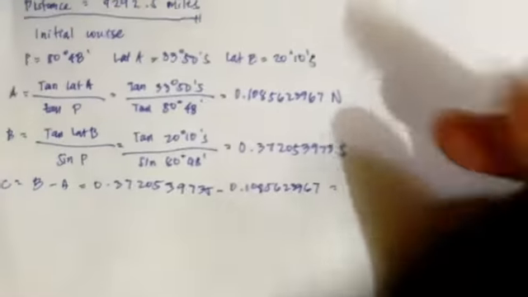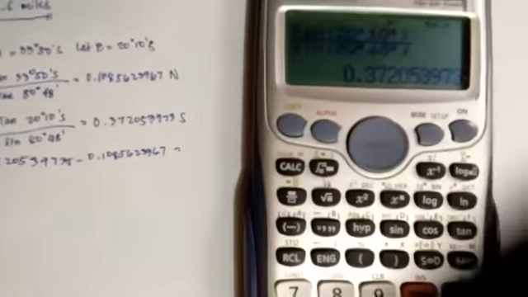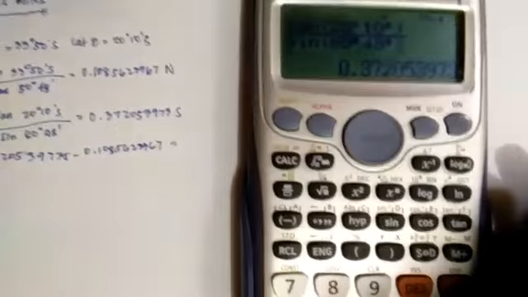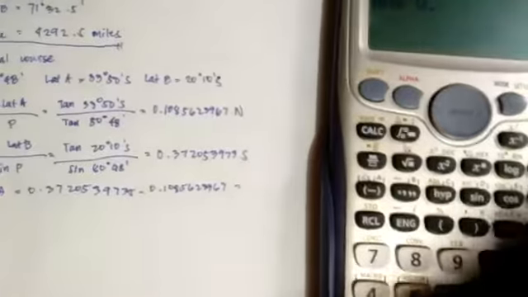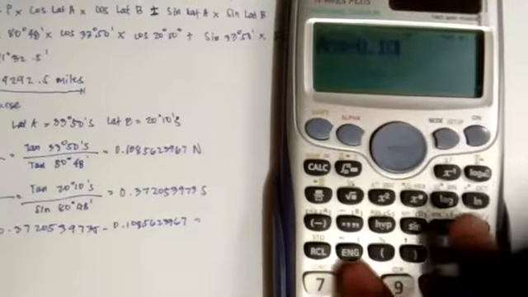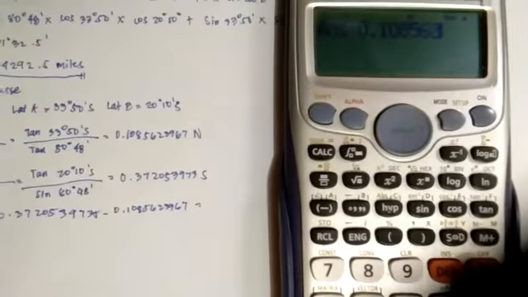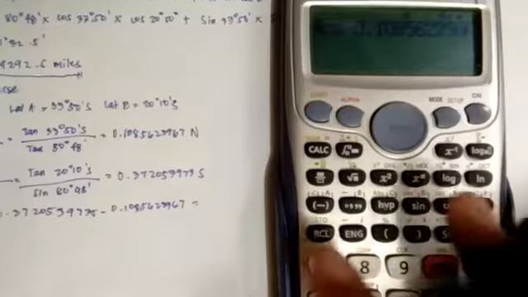Since in our calculator we already have the initial course of B, we will directly subtract the initial course of A. So we will get 0.263491576. That would be the initial course C.